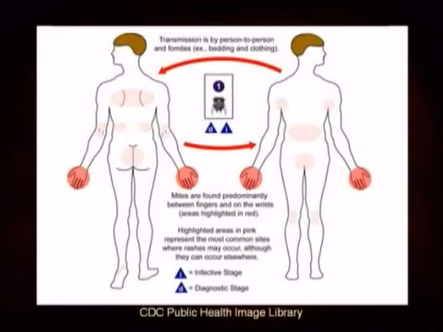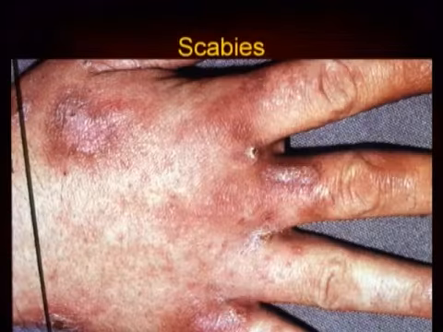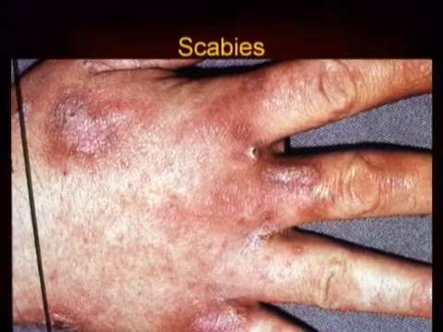So the best place to look for those mites and for the burrows is particularly on the hands, especially the web spaces, but other places you can look are on the feet as well, and also in double covered areas like on the breast and the groin area. So patients are extremely itchy with scabies.